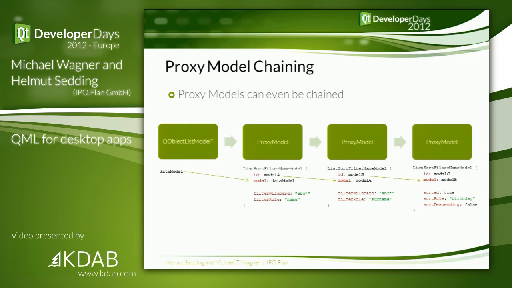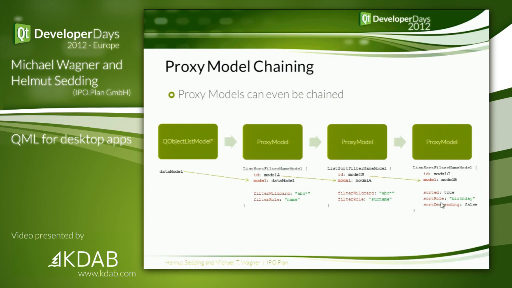which comes quite handy. You get an original data model, and you put it into a sorted one. You filter by name here, for example, and then you use this result as an input for the next sort and filter model. And here you filter by surname, and then you put it into one more, which just simply sorts the result.